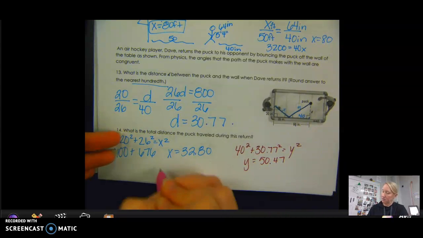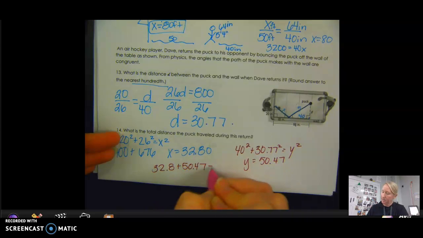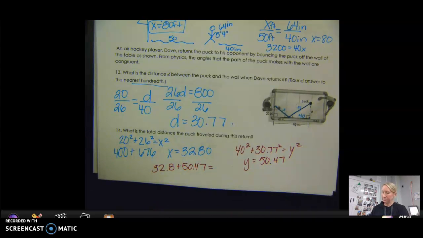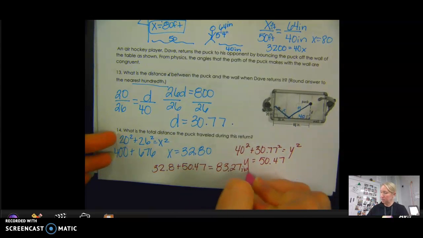So now I'm going to add those two things. I'm going to do 32.8 plus 50.47. We'll get 83.27 inches is how far away.